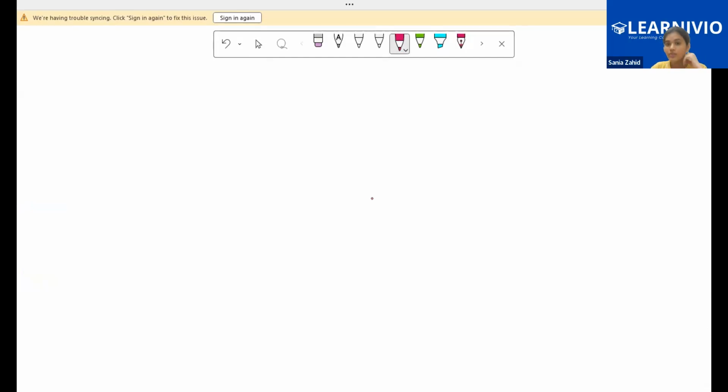Okay, so first of all, everybody will draw a line 9.3 centimeter on their notebook. Everybody knows how to draw a 9.3 centimeter line? Yes, ma'am. Draw a 9.3 centimeter line, mark it as A, B. Abdullah, draw it again. You did it wrong.